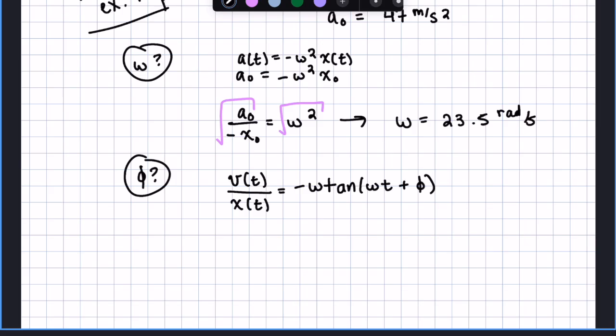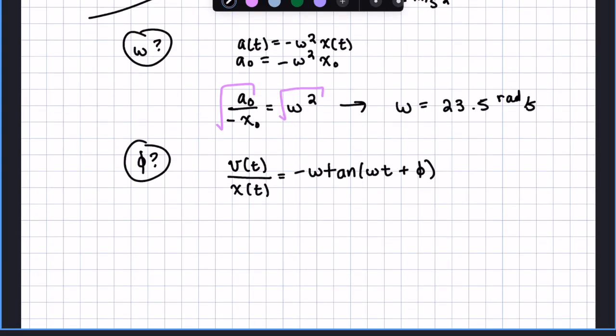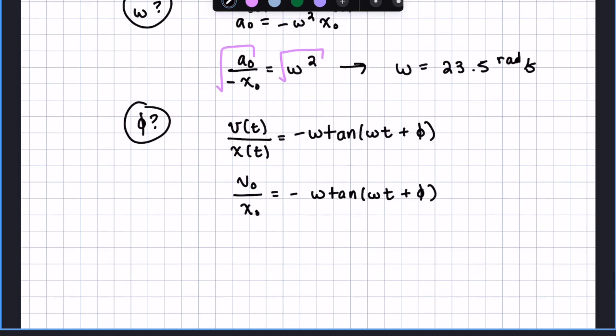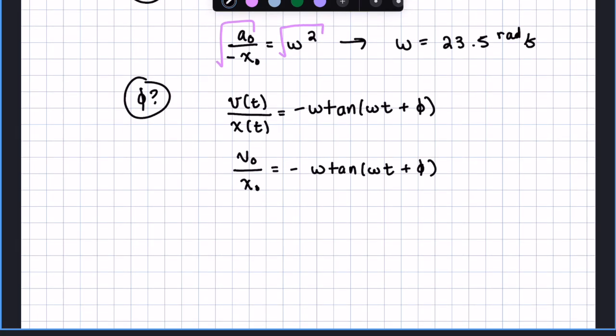So again, maybe skipping 2 steps, but still pulling from things that we have on the equation sheet, I'm going to put in my velocity at time 0 and my x at time 0, and then I have all of these things to be able to solve for phi, right?